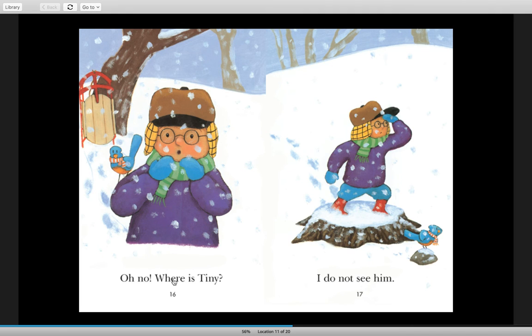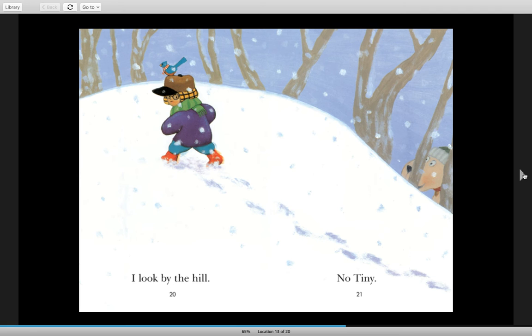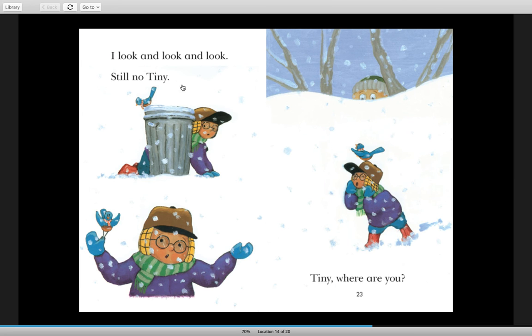Oh no, where is Tiny? I do not see him. I look by the barn. No Tiny. I look by the hill. No Tiny. I look and look and look. Still no Tiny. Tiny, where are you?